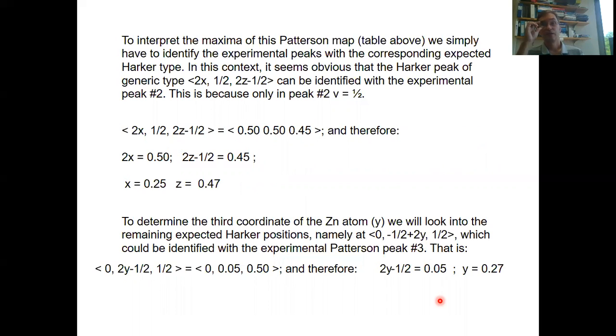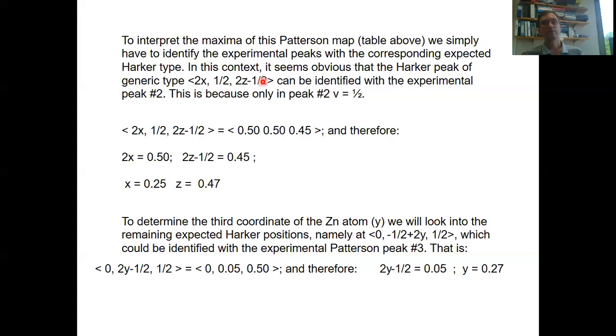Okay, so we can first look at the Harker plane here, 2x, a half, 2z minus a half.